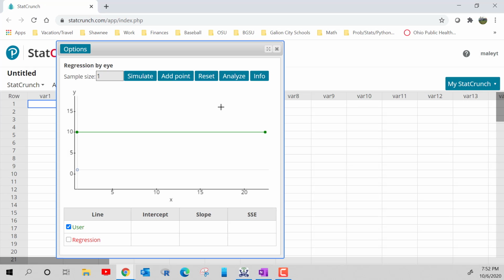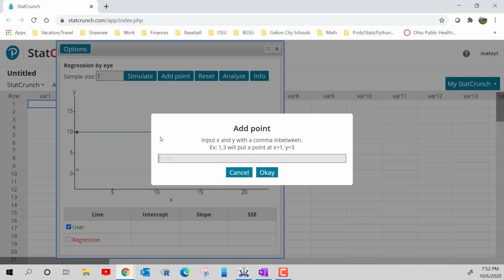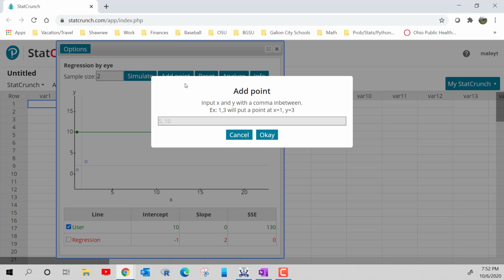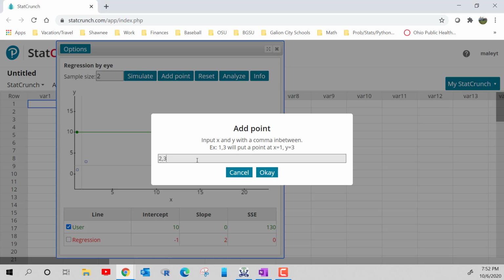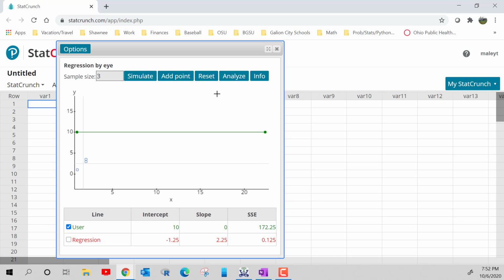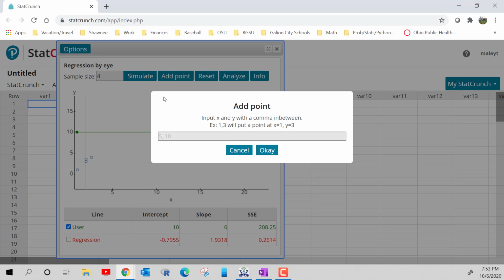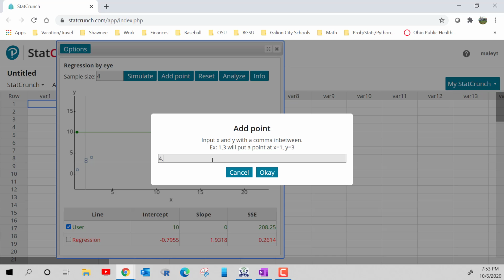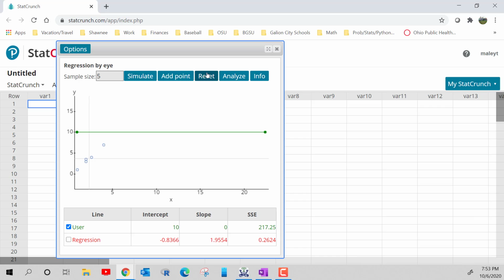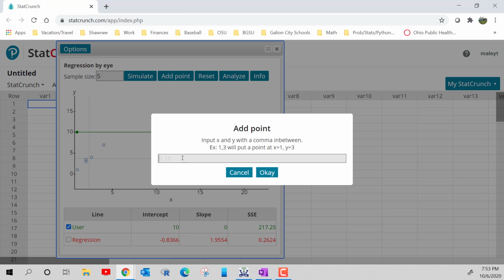I'm just going to make up some points: 2 comma 3, add point 2 comma 3.5, 2.6 comma 4, 4 comma 7, add point 5 comma 8.